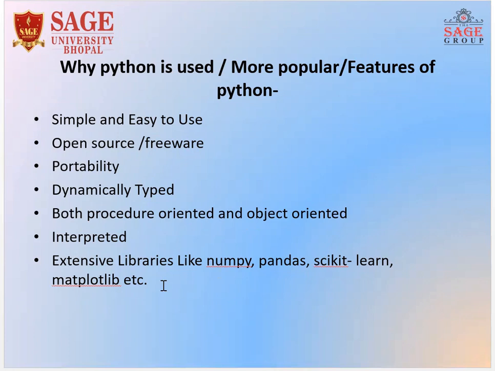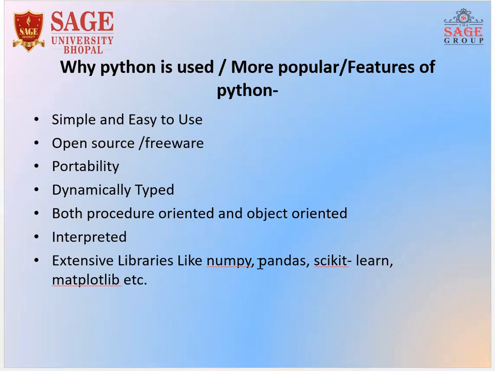First we will understand the simple and easy to use feature. Simple and easy to use means Python is basically a simple programming language because of its simple and easy syntax.